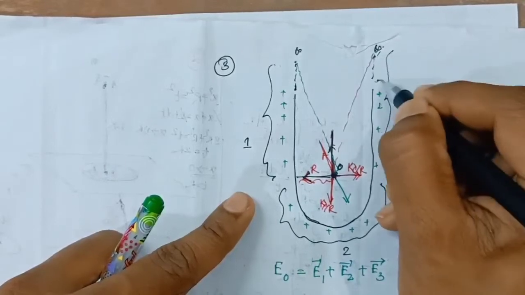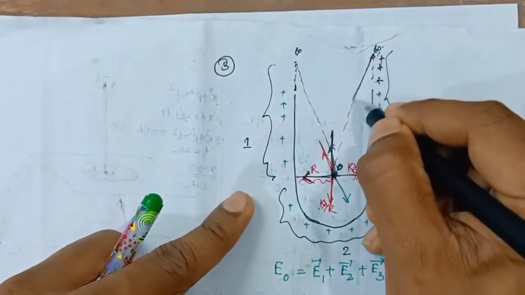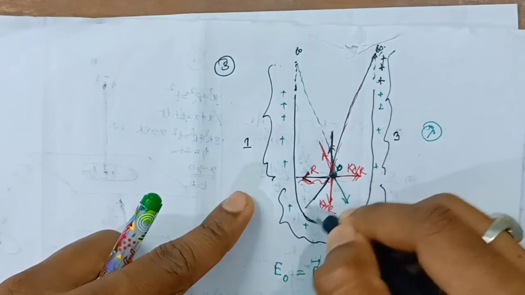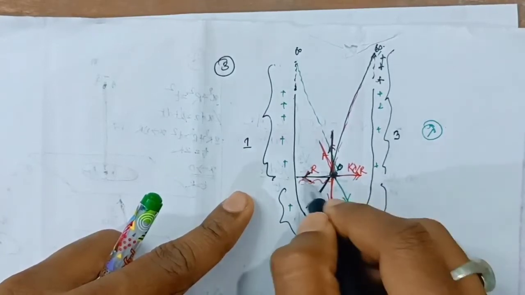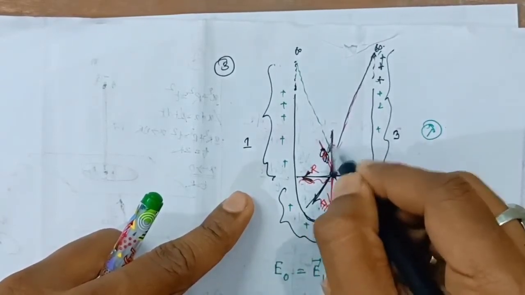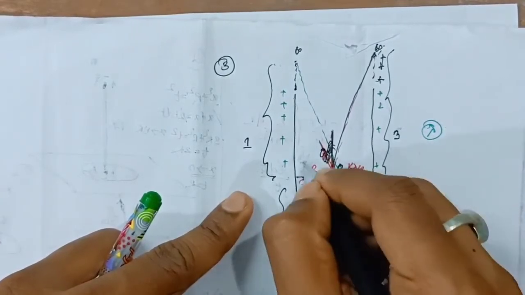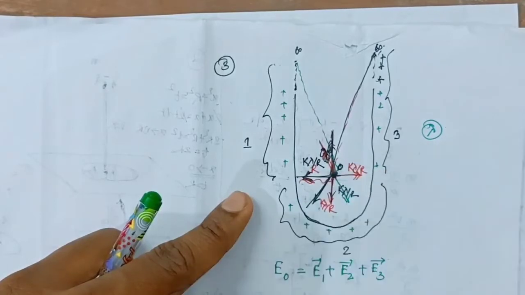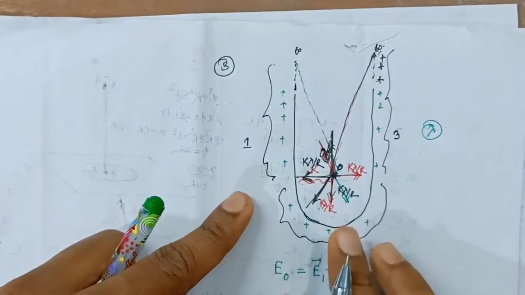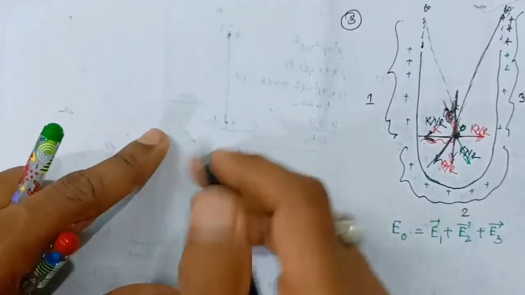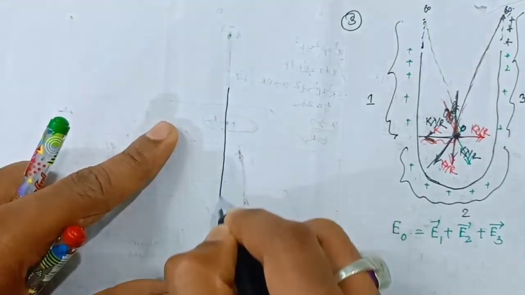This is positive, which means it will definitely go like this. So one component is here and another component is here. This is k lambda by r, and this component is also k lambda by r. One more time, this is not visually properly correct, so I will do it another way.